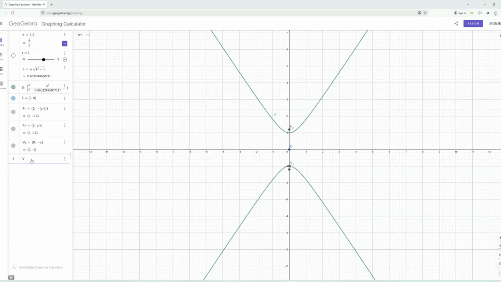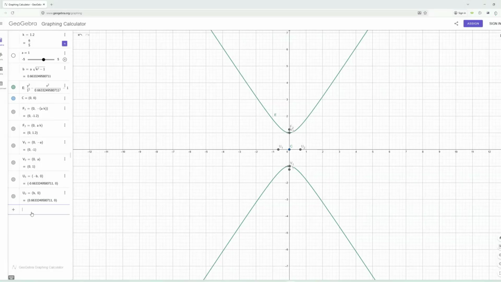Another occurs at the point 0, a. We have 2 covertices. One occurs at the point negative b, 0. And the other occurs at the point b, 0.